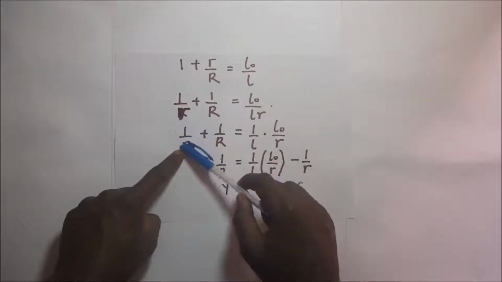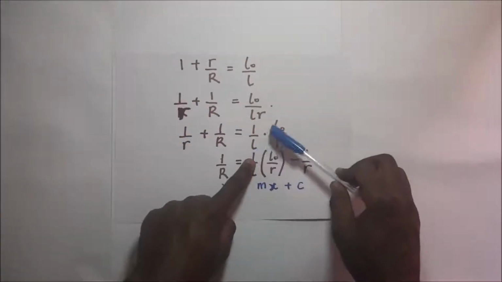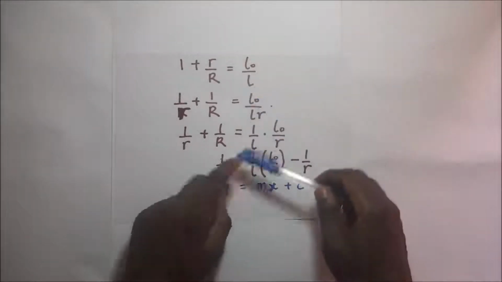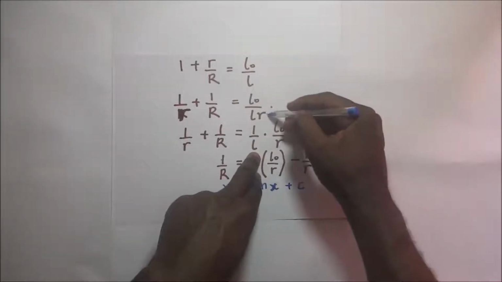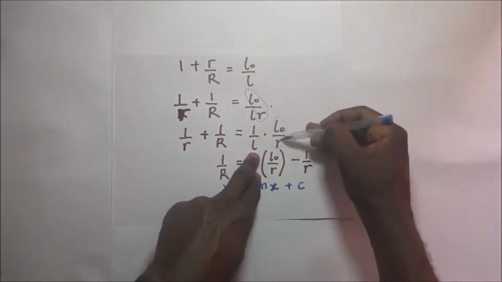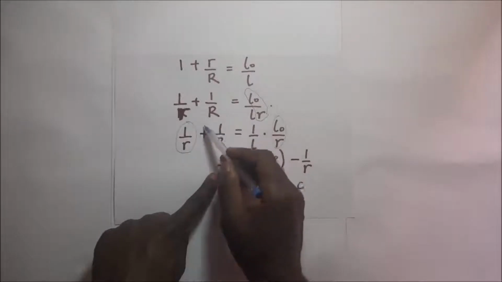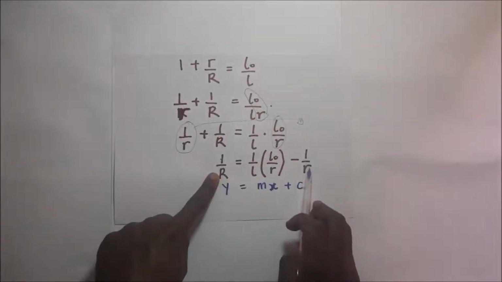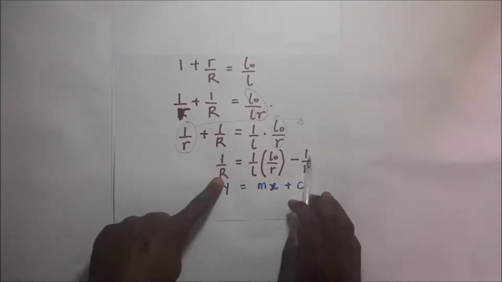So this becomes 1 over small r plus 1 over capital R is equal to 1 over L times L naught over R. We simply separated this expression into 1 over L, and we put this expression on its own, L naught over R, like that. And definitely, when we push this to this side of the equation, it becomes minus 1 over R right there. So it becomes 1 over R is equal to that, minus 1 over r.